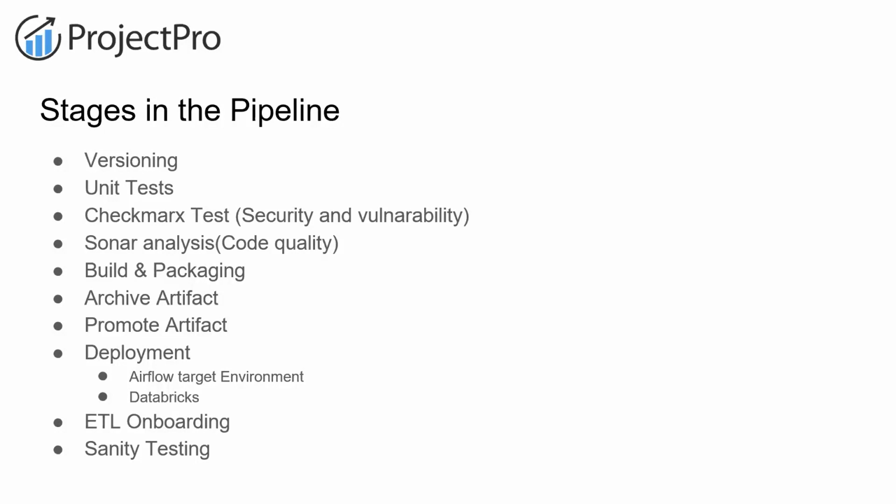So the code quality analysis is done by Sonar. And then we do the build and package the code we already have. And then we archive the artifacts, maybe the wheel files or the jar files or whatever packaged code, in the artifactory, like JFrog I mentioned.